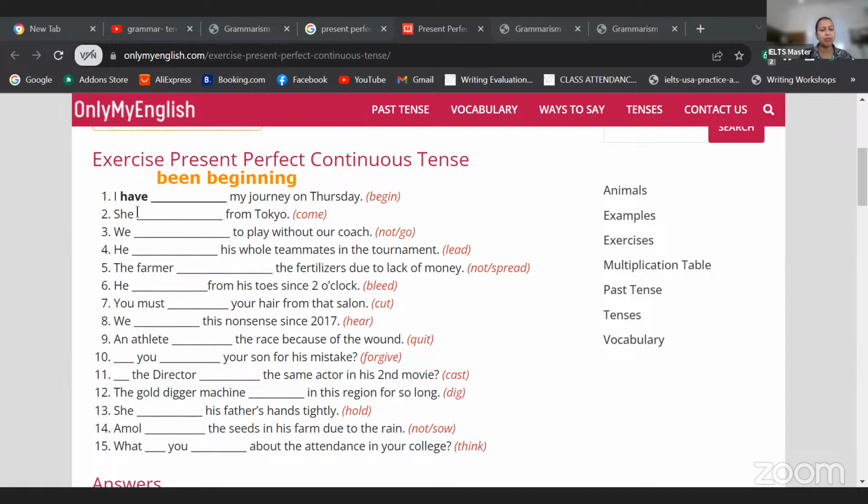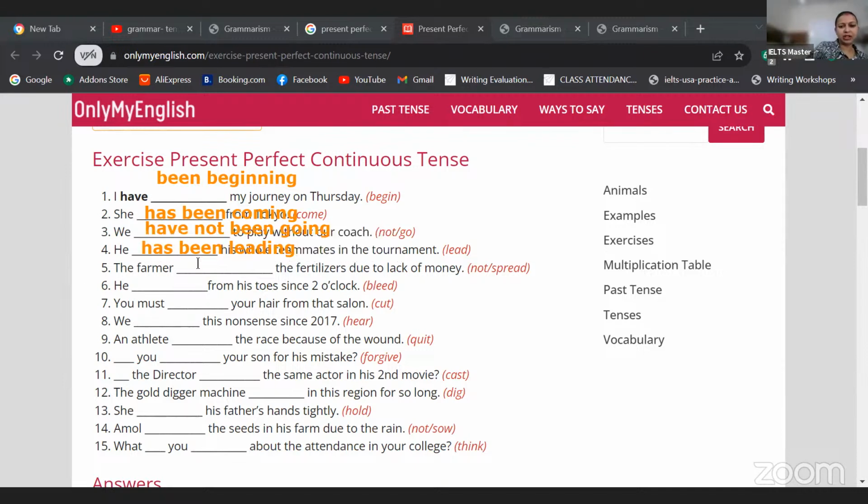She has been coming from Tokyo. We have not been going. He has been leading.